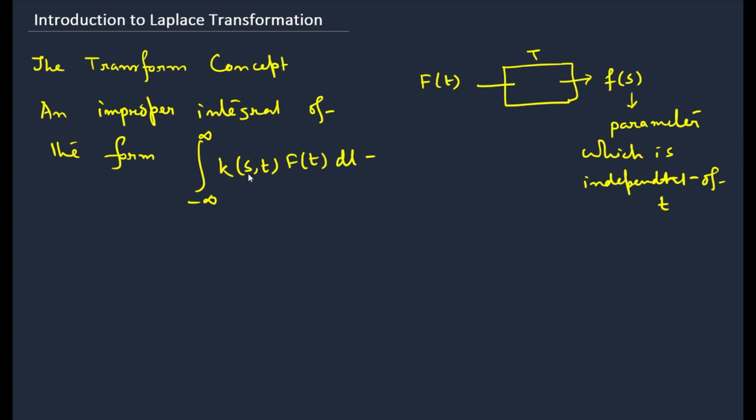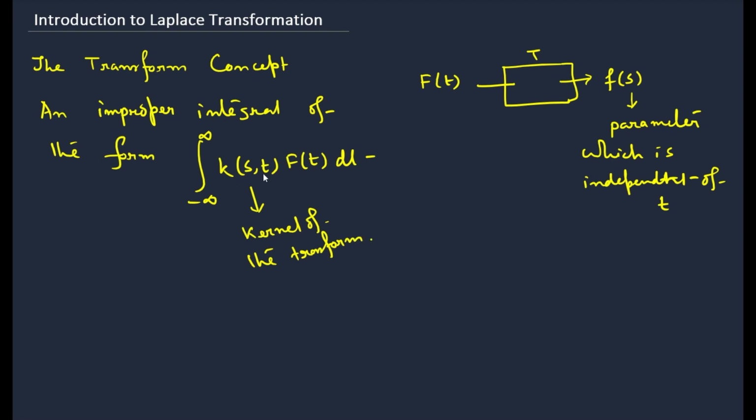This is an improper integral because the limits are infinite. Now this particular term is very special. This is called the kernel of the transformation, or kernel of the transform.